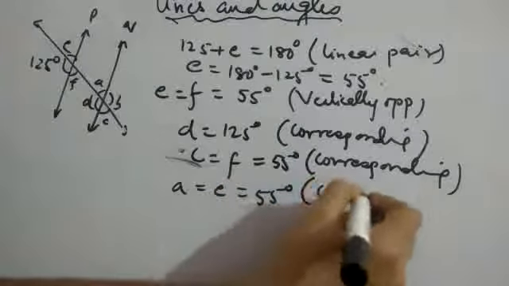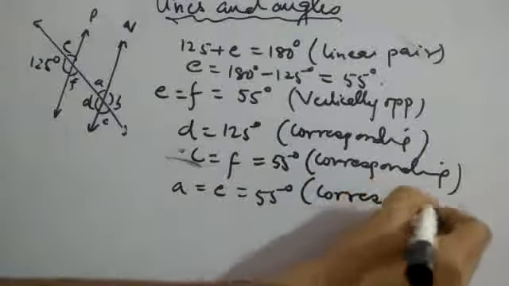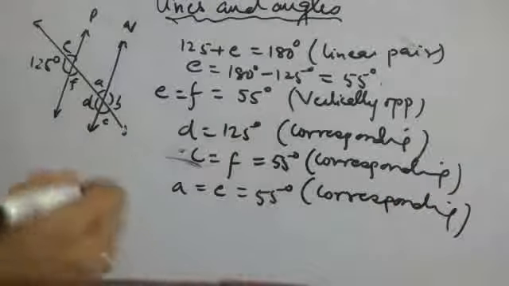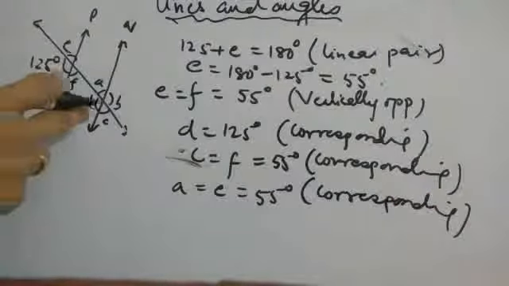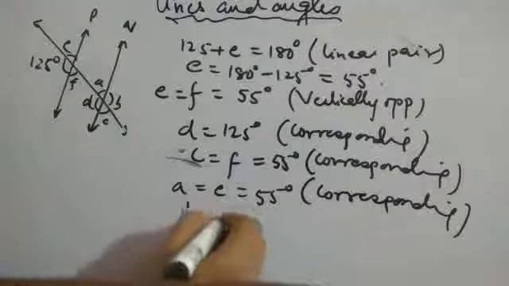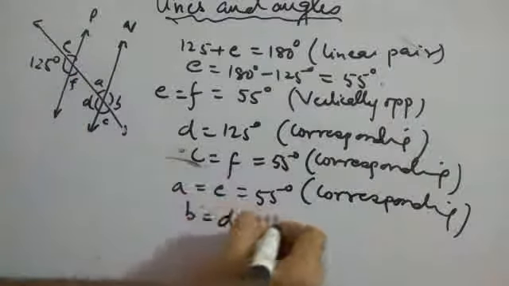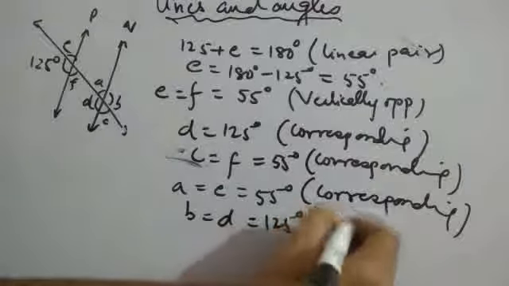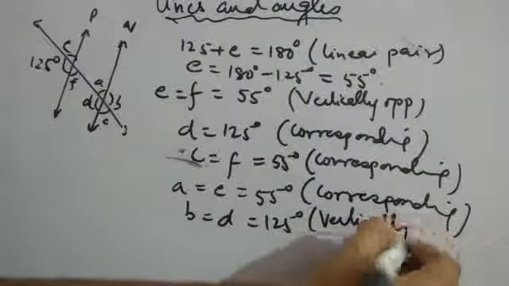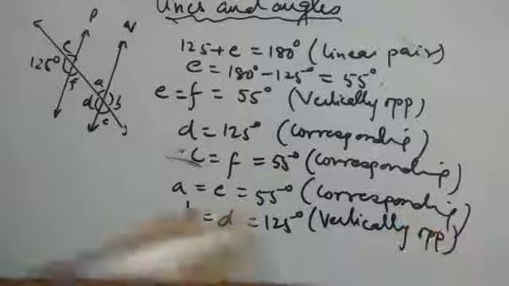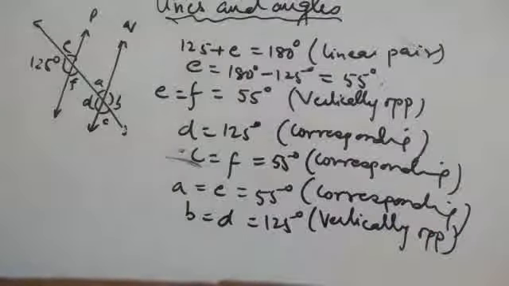They are also corresponding, on the same side of the transversal. Now here B will be equal to D, B equal to D equal to 125, vertically opposite. So this is how once we find any relation, the others we can find out from there. So that was all for this video. Thank you, children.